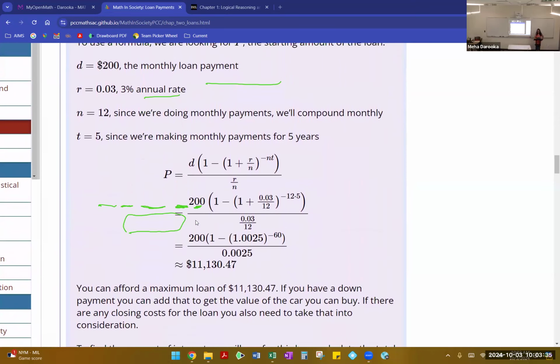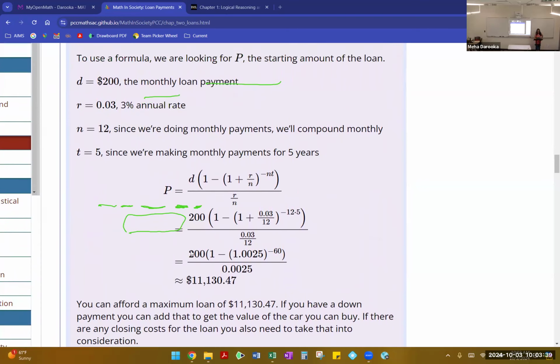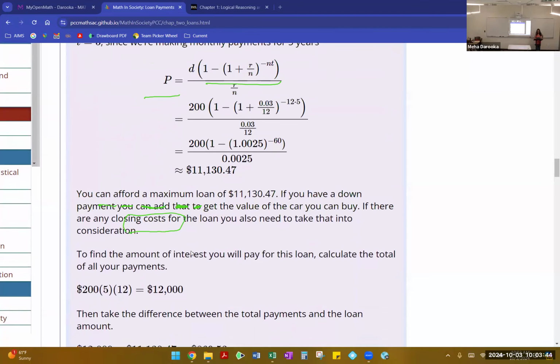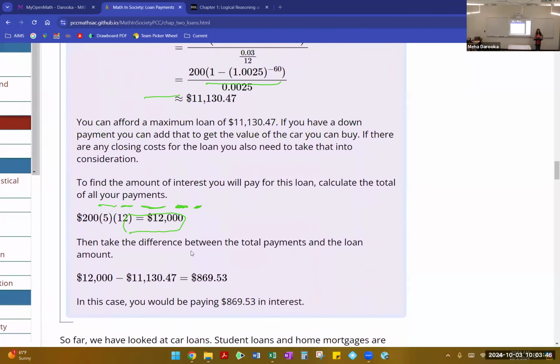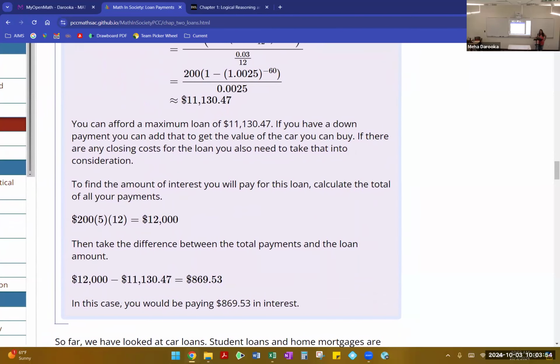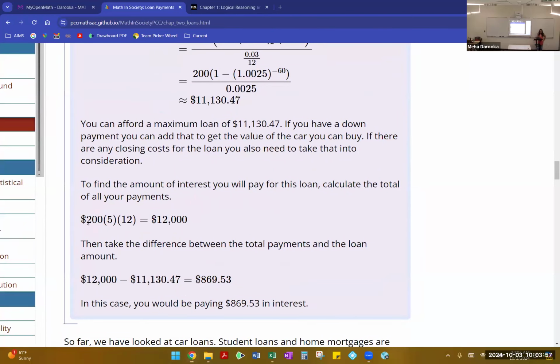So of course, then if you look at the textbook-based formula or the regular formula, you can see that's the same dollar amount. You're going to come up with $11,130.47. And then basically the idea is if you wanted to calculate your interest based on that, well, you're making $200 payment for 5 years every month, right?